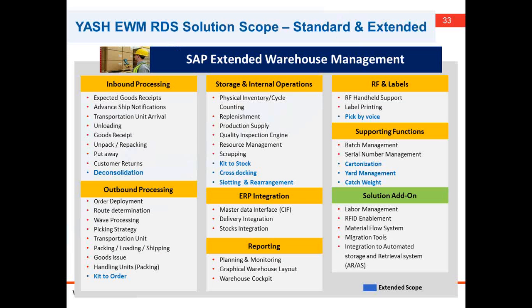We have two different sizes of this: a basic scope, and on the right-hand side, the extended scope of this RDS offering. You'll see a different implementation duration for both of those, and some of the biggest differences for the extended scope RDS is that it adds cross-docking, yard management, and catch weight management into the functionality for you.